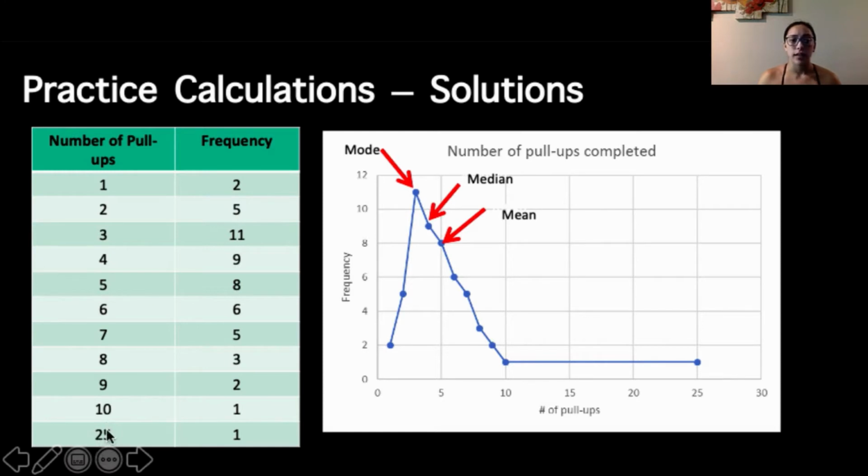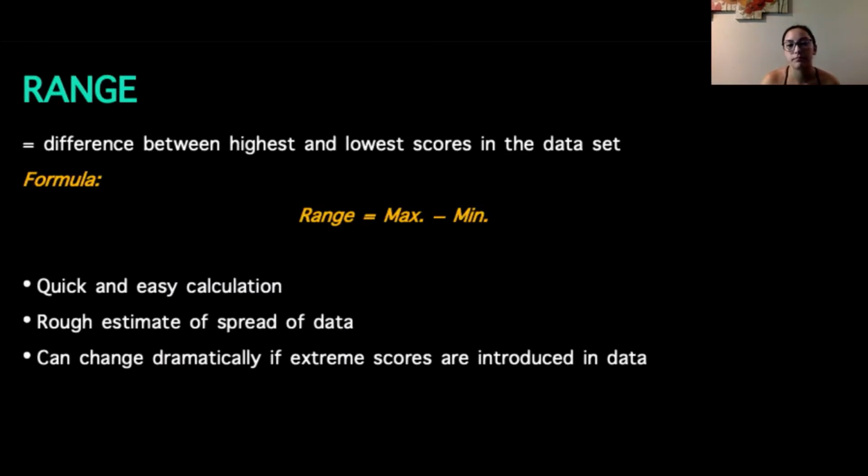So really, our range should be 9. That's a good example of how range doesn't really pick up on extreme scores, because extreme scores are always going to be to the extreme left or the extreme right, either above or below the mean, okay? And the range won't be able to pick up on that because you're solely going off of what is the minimum and what is the maximum.